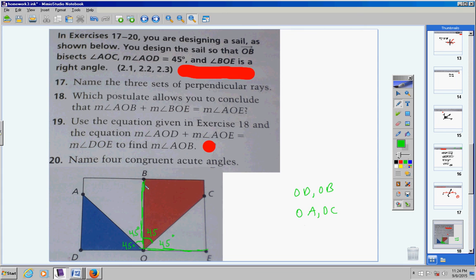And then lastly, here's a right angle right here, going over to there, because these two angles add up to 90. Plus they tell us right here, BOE is a right angle. Okay, so with that in mind, that means BO is perpendicular to OE. So my perpendicular rays would be, let's see, this one here should be OC. There we go. OA, OC. The next set should be OB, this ray here, into OE.